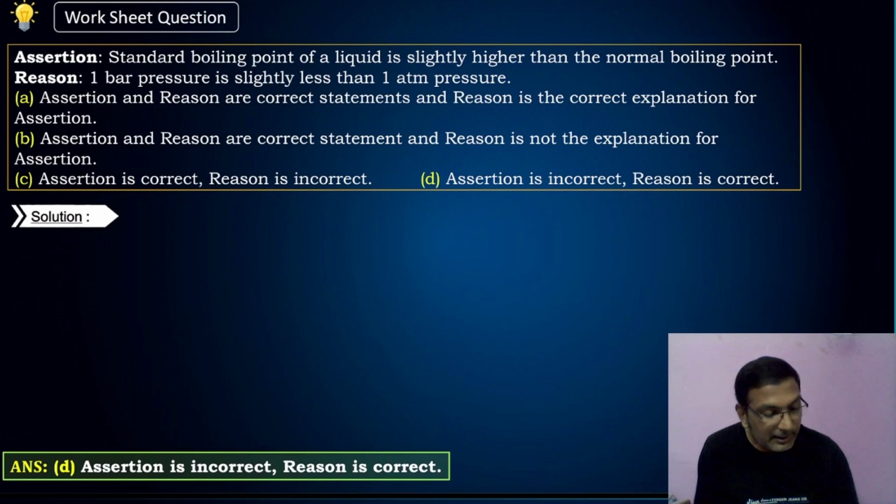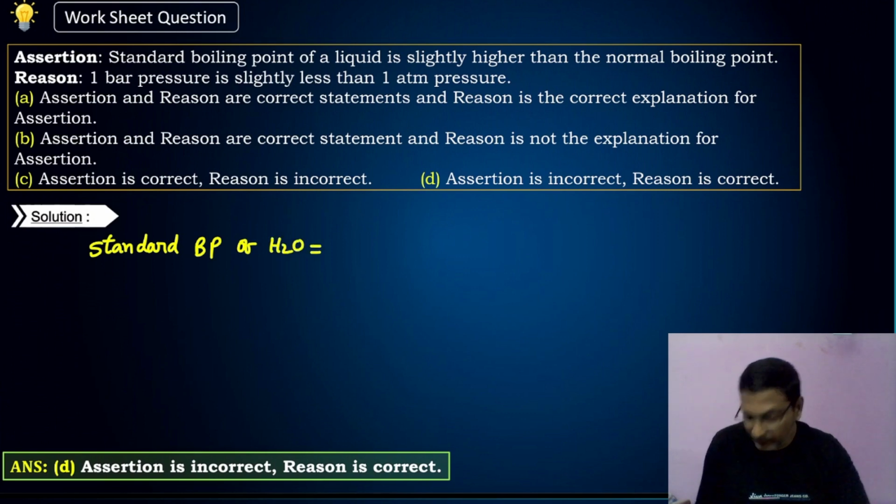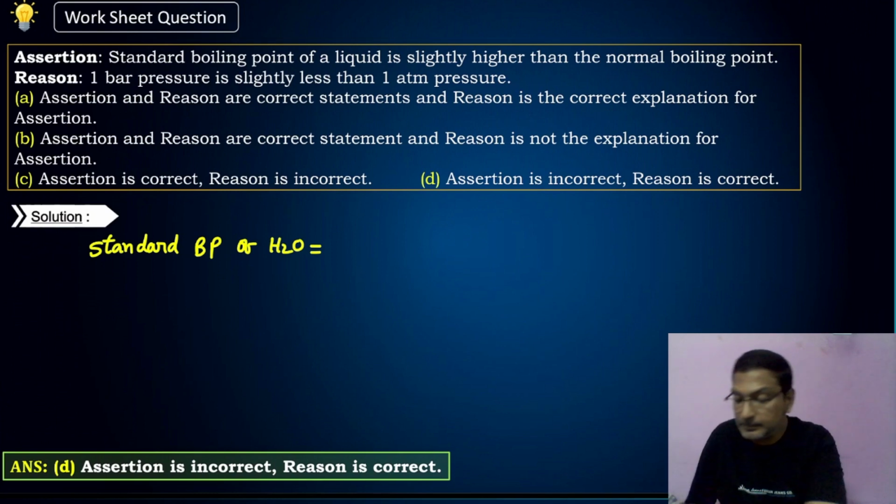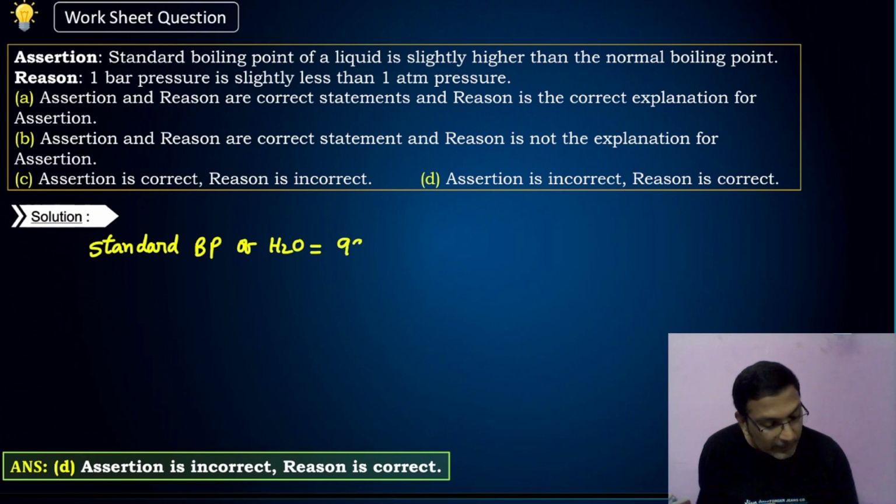So standard boiling point of water is 99.6 degrees centigrade.